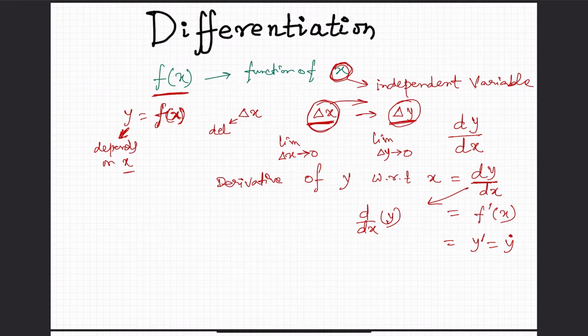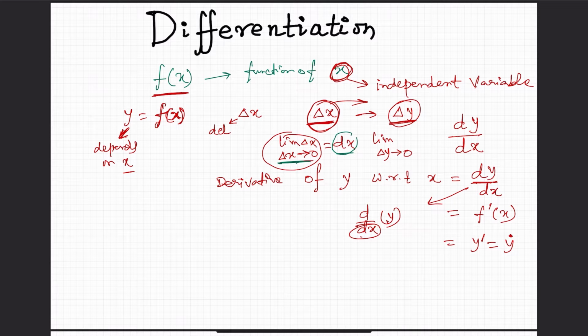This d and y are not in multiplication with each other, nor are this d and x. This is just a sign to denote the change in x, which is infinitesimally small. When the change in x is infinitesimally small, that is denoted by dx.